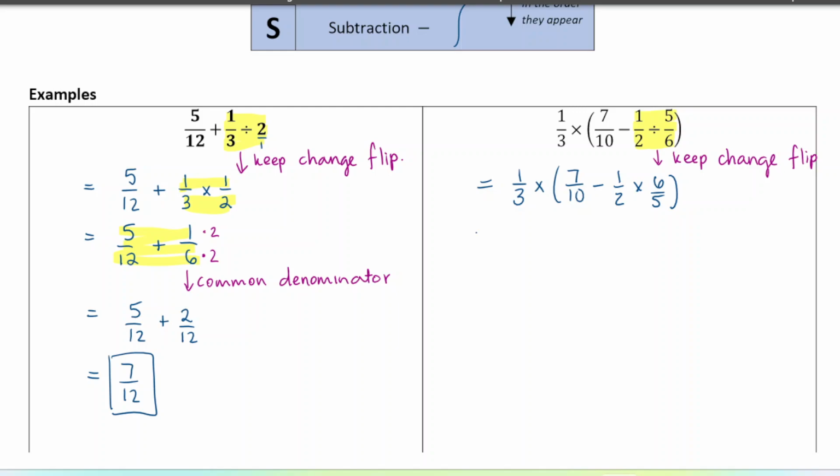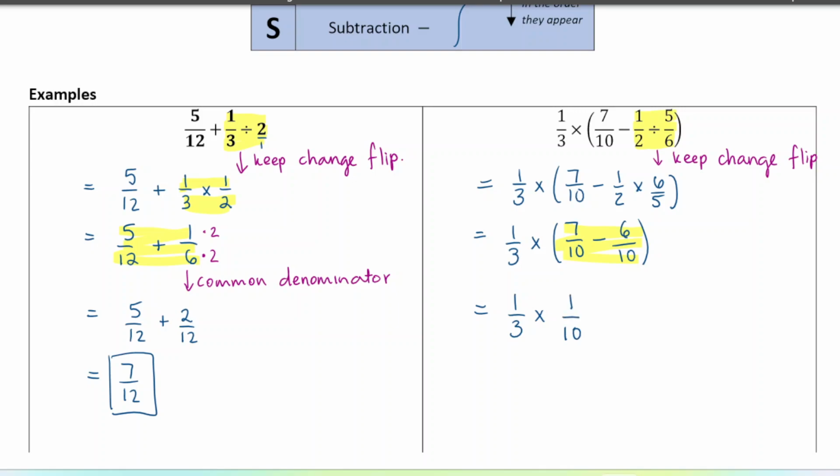Now I'm going to answer that multiplication. 1 times 6 is 6, 2 times 5 is 10. I'm still working in the brackets, because we haven't answered all the operations inside yet. Now I'm going to do the subtraction, and lucky for us, the fractions already have a common denominator, so I can just subtract them. 7 minus 6 is 1.